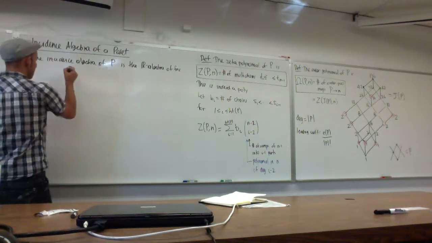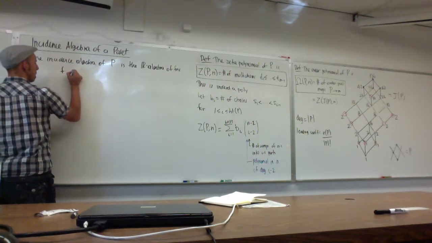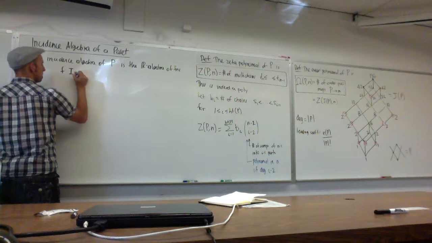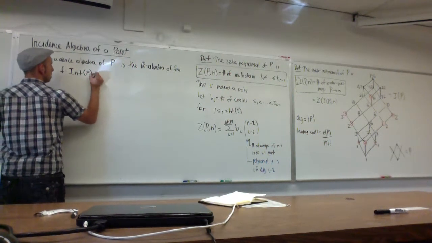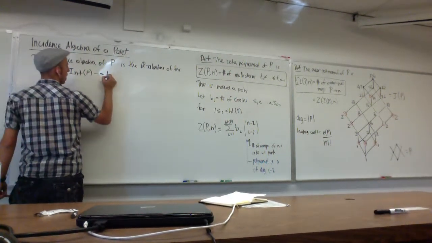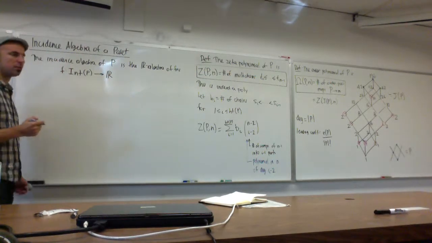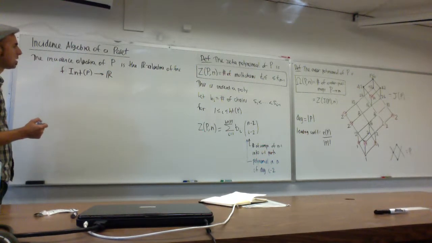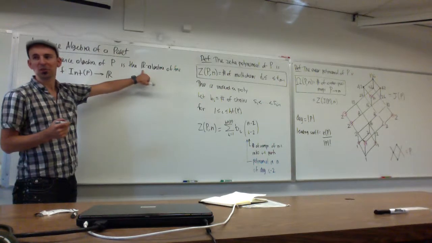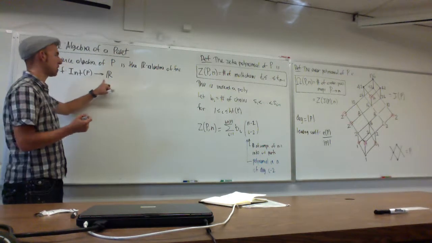It basically consists of the functions from the intervals of P to, let's say, R. And if you want to put something more general than the reals, you can do that if you want.